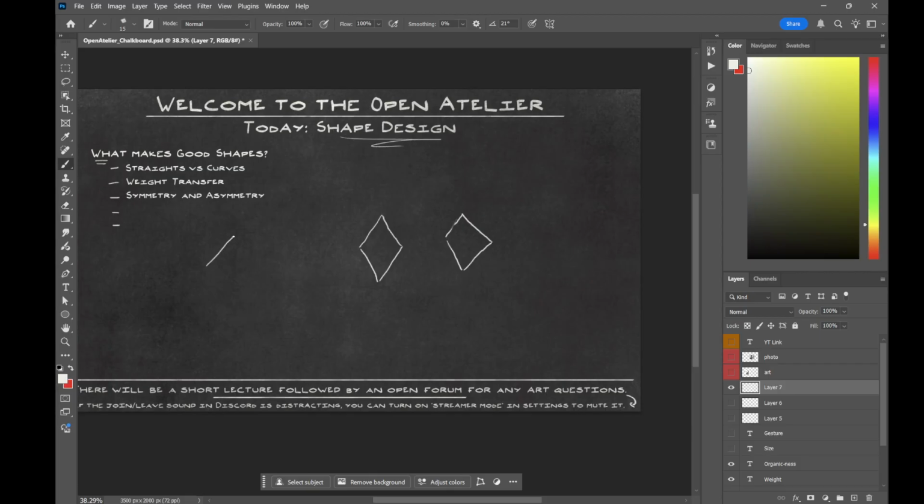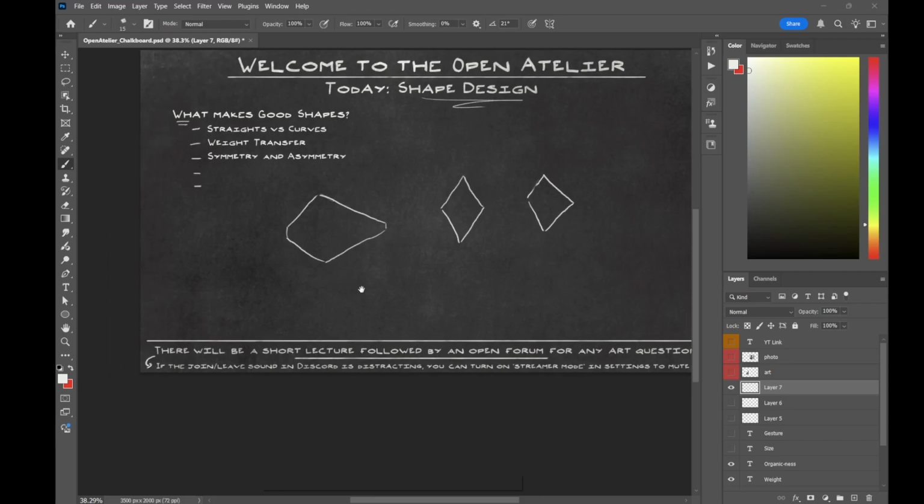Another good example is a shape like this, kind of fish type shape. This is very symmetrical. If we wanted to push this further, let me think about how to do this. Maybe we push it like this.